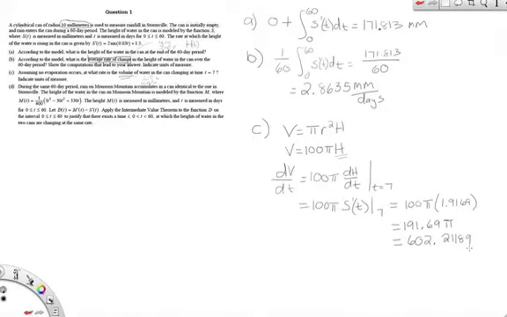And then what are we talking about here? This is the rate of change of the volume, so millimeters cubed per day. Alright, there's our answer.